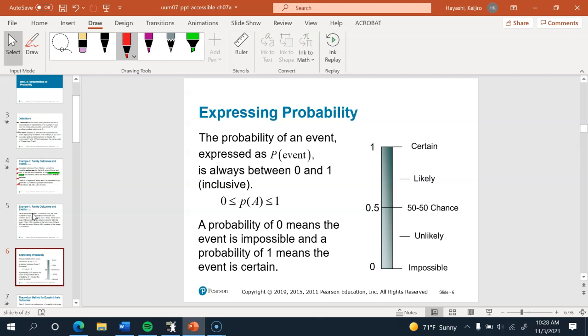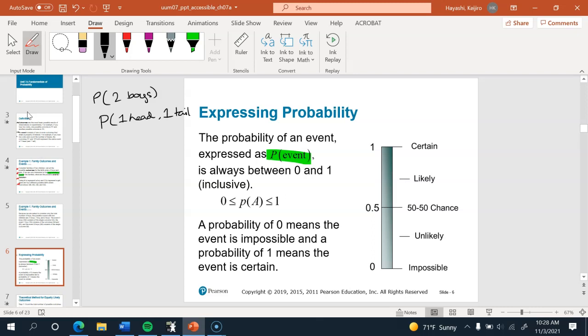Okay. So the probability of some of these events happening is expressed as a number. So that's going to be something like the probability of, for example, 2 boys, or the probability of 1 head and 1 tail in a flip of 2 coins.